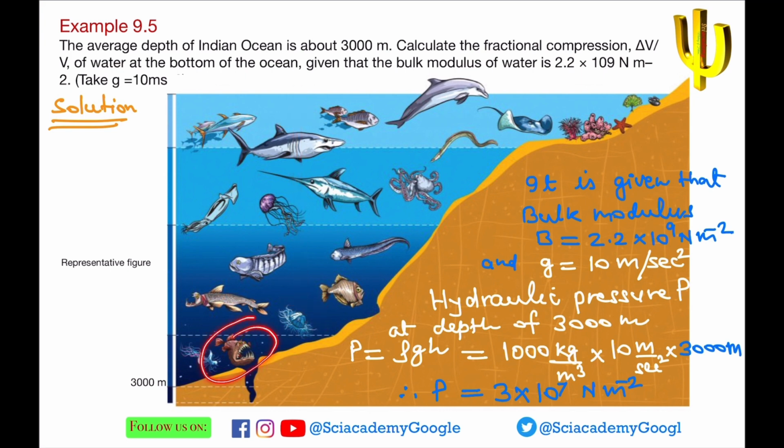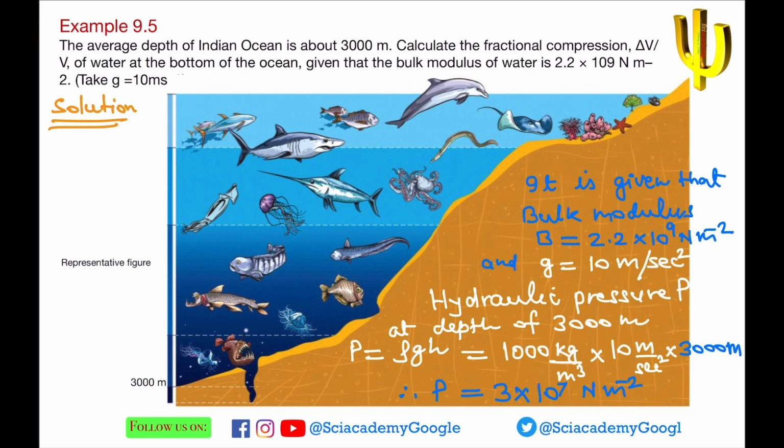Each of these aquatic animals must be feeling such pressure because of the water column. So let us find the fractional compression of water at the bottom of the ocean.